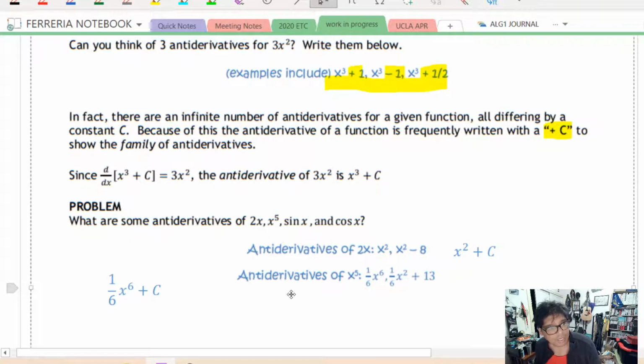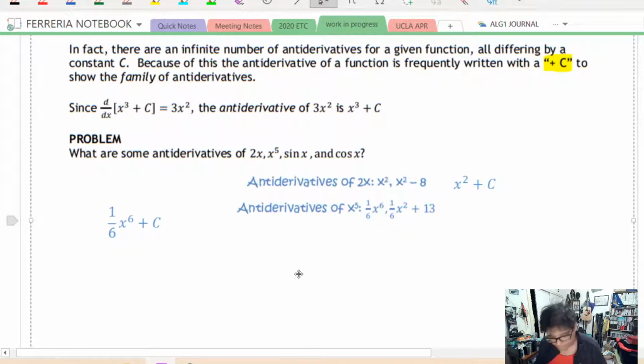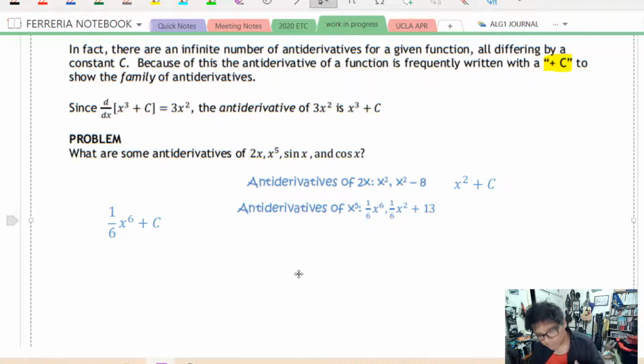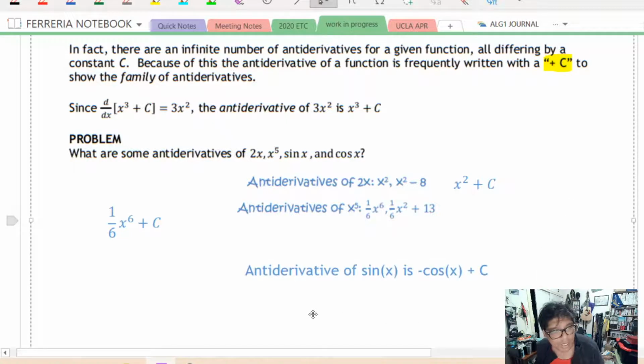How about the antiderivative of sine of x? Let's see. The derivative of cosine is negative sine. So then the antiderivative of sine can't be cosine. It's got to be negative cosine. So the antiderivative of sine x is negative cosine x plus constant. And then what about the antiderivative of cosine?